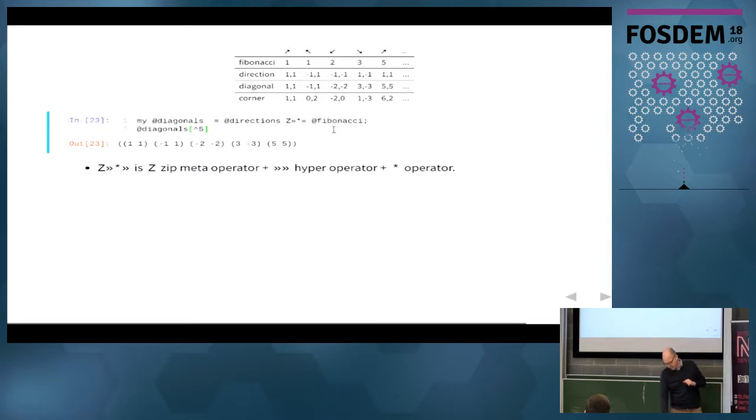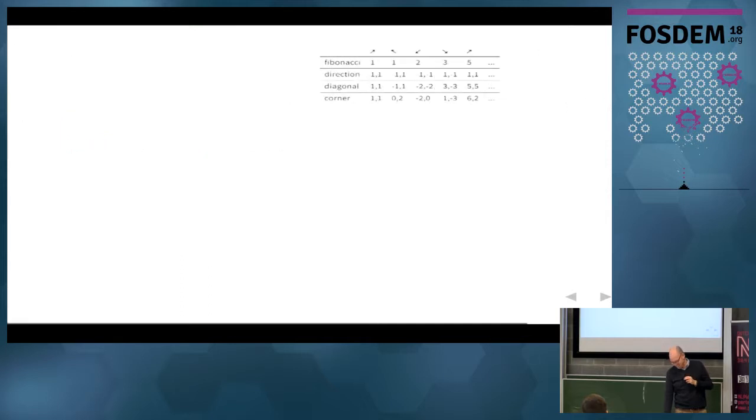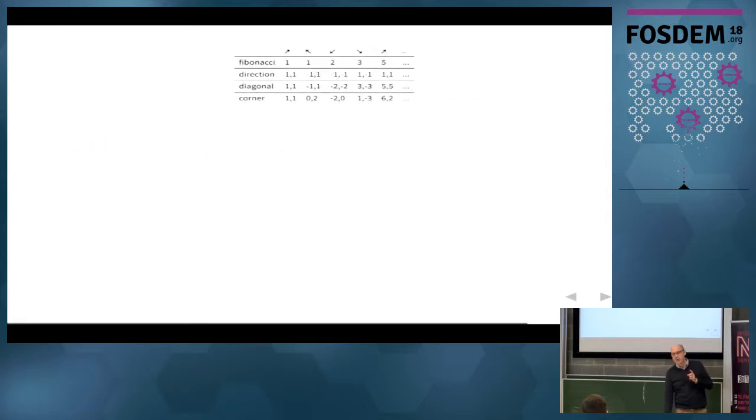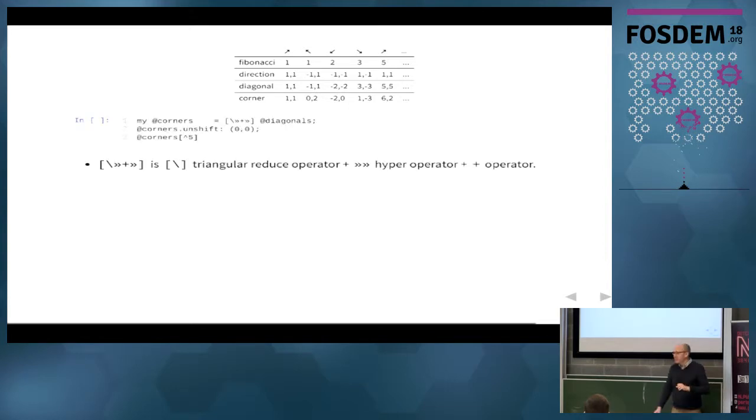And then for the corners, does anybody know what operator would be useful for the corners? Okay, so for the corners, what we want to do is find the sum so far. The sum of everything so far can be done using the triangular reduce operator.